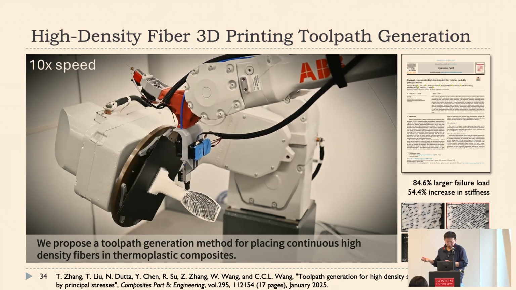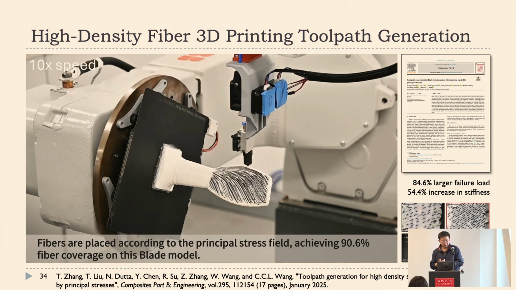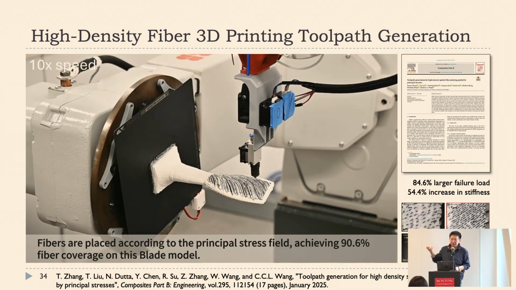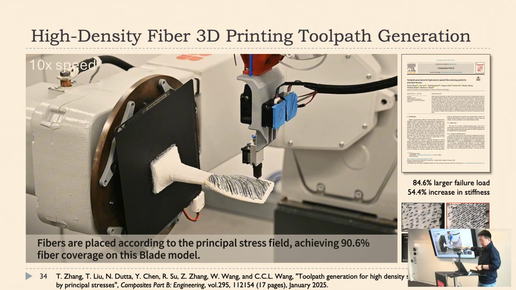This year we generated another method. We're trying to really enhance the continuous carbon fiber toolpath generation inside the whole domain. It turns out we are able to achieve very dense continuous carbon fiber toolpaths. Okay, I think this research is also inspired by our private communication between our group and also Edward here.